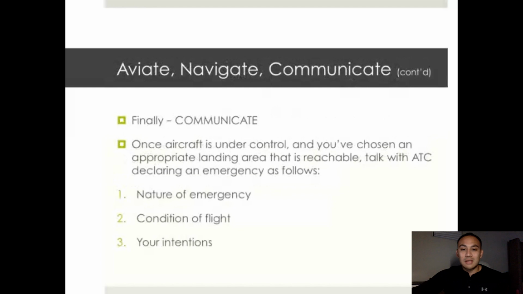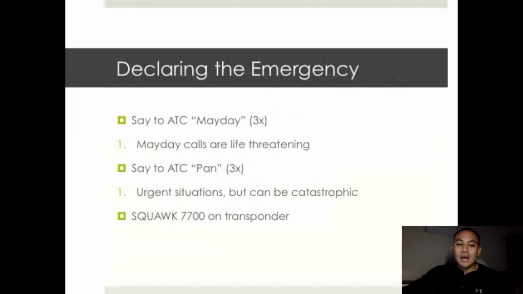So that they can send help. I don't want to jump the gun too early on the last slide, but while you are communicating your intentions and highlighting the kind of emergency that you have, while you are declaring emergency, you want to have the radios completely silent so that ATC and you can talk.